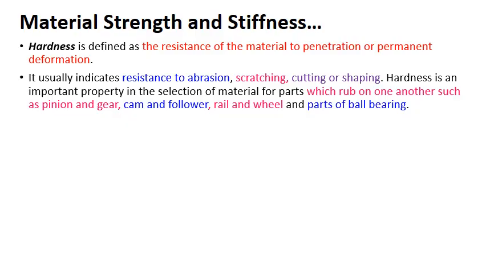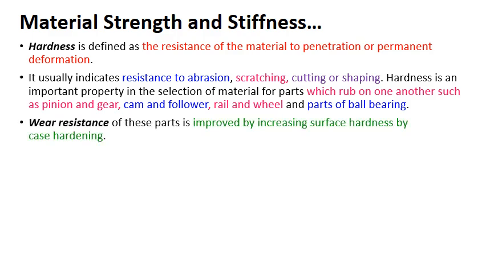That is what matters when you have a relative movement between two parts in a machine, like in pinion and gear, cam follower, and so on, like in bearings also. The material must have enough strength to perform its function without any loss of material. So in such cases, hardness is an important property.